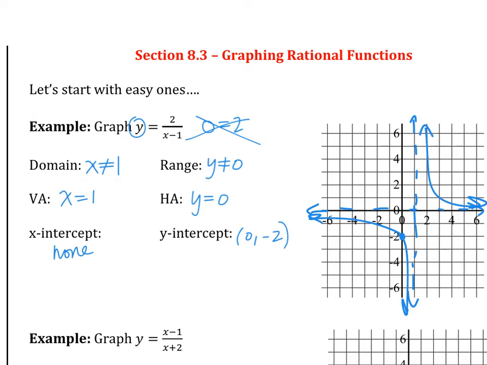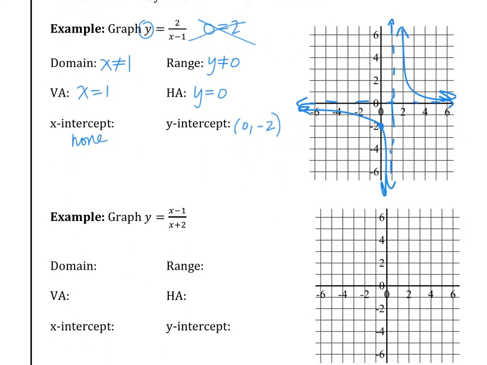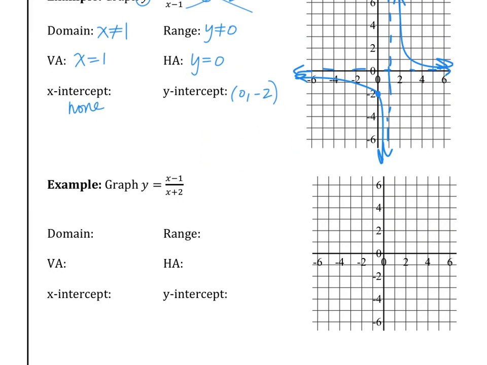All right, let's try another one. This also should be pretty easy. Go ahead and try it, and then we're going to start again with math. Okay, what is the domain? X can't equal -2.